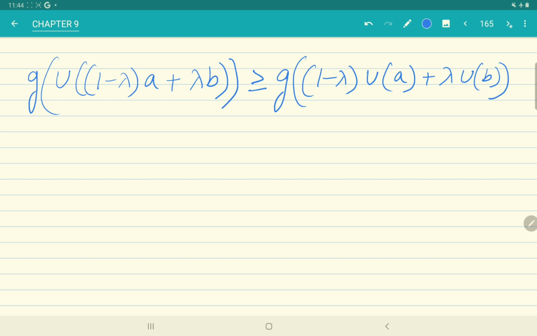I know that g is also concave. If you can recall, I had written g is an increasing concave function. So g is increasing, and from that we have deduced this.